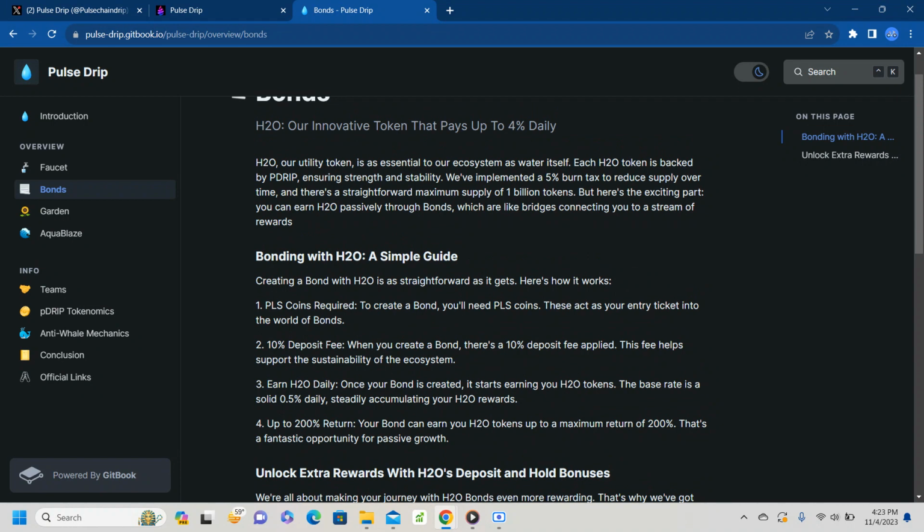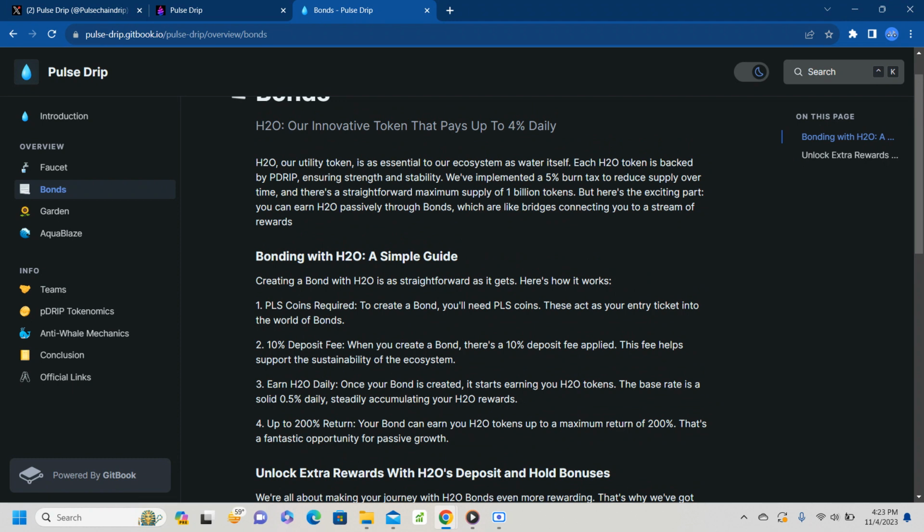Now, you as the user on the front end, all you're going to see is PLS to create the bond and then your stake for your H2O. Now, if you unharvest your stake, then it takes your percentage of your daily rewards down. That's how it was explained to me.